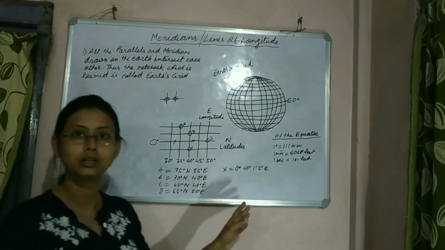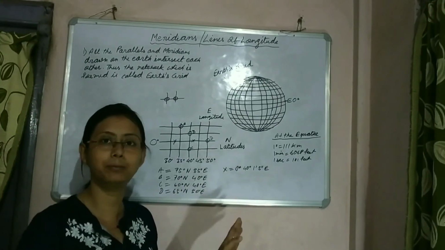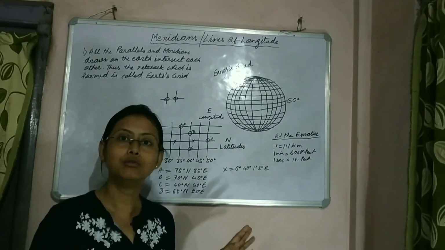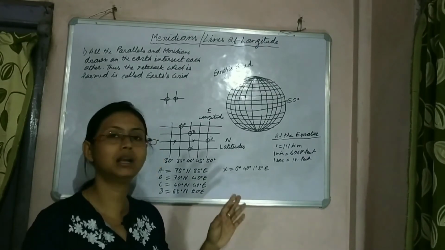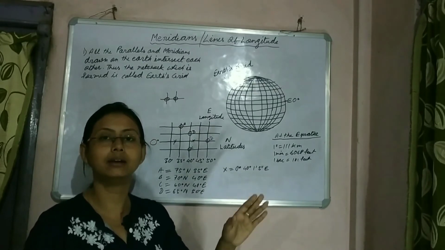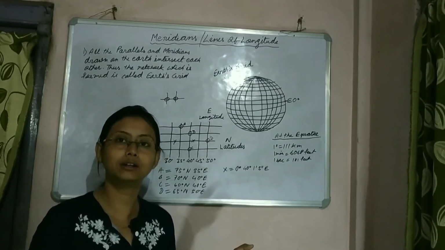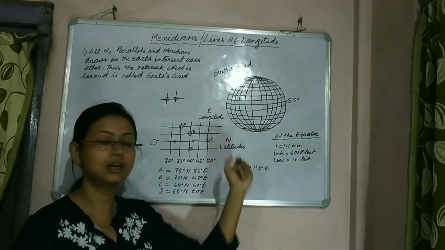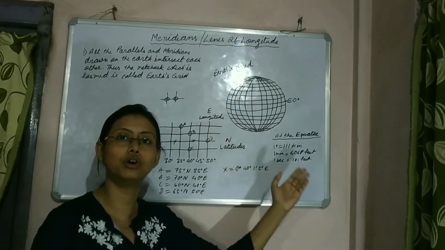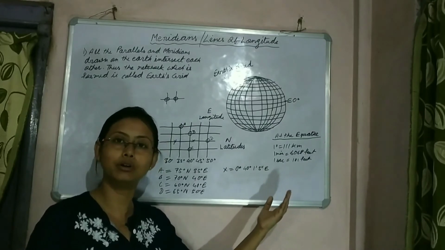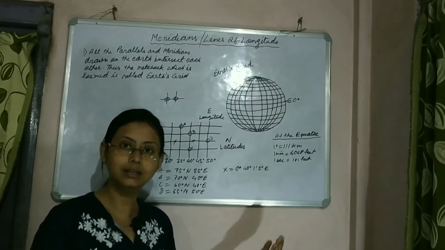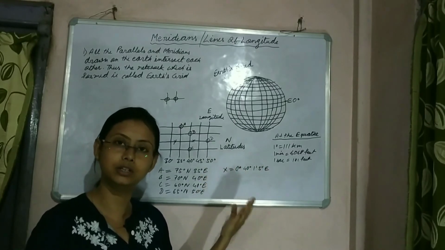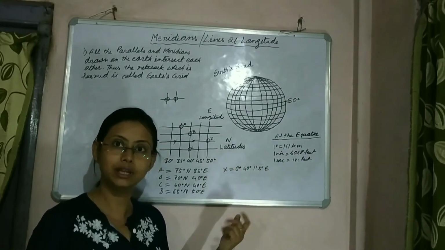The prime meridian and the equator, these two lines, we don't denote with any letter like N or S or E or W. The meridians drawn on the eastern hemisphere, we always denote with the letter E, and the meridians drawn on the west, we denote with W, that means west.